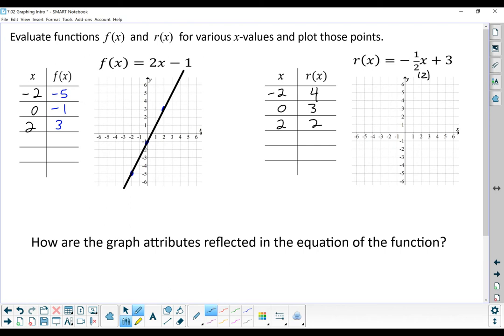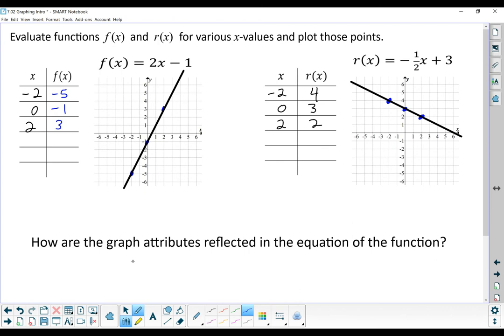And again, you could always just type those into your calculator if you don't want to do that in your head. So let's plot those points. Negative 2, 4 is here. 0, 3, and 2, 2. So you can see they are collinear, which means we probably did a good job of evaluating our function, and there is our graph.